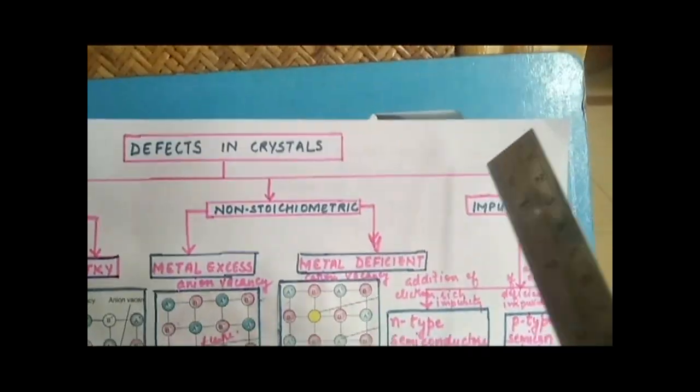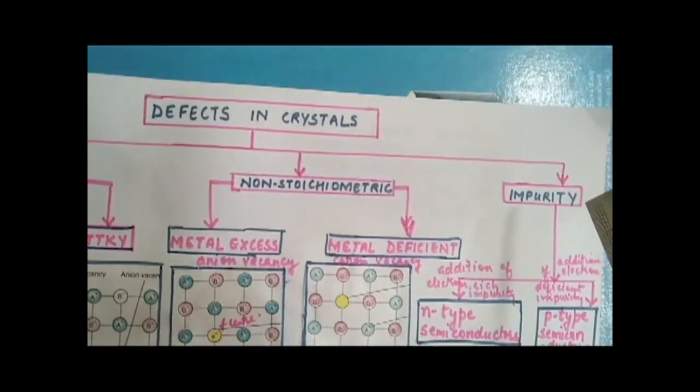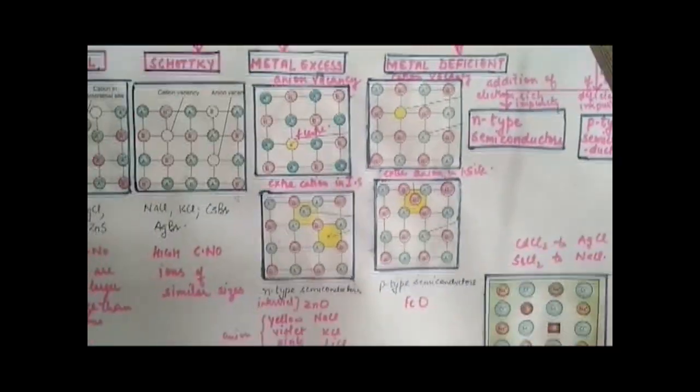The third type of defects are impurity defects. In this case, when, say, a crystal of sodium chloride is doped with an impurity of strontium chloride, then 2 sodium ions will be missing from their regular sites, and a divalent strontium ion will occupy the place of one of the sodium ions, whereas the other sodium site remains vacant.